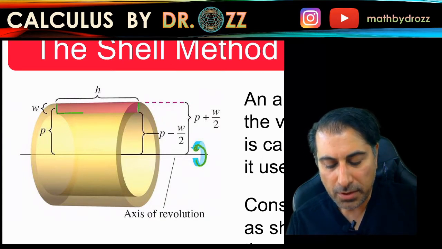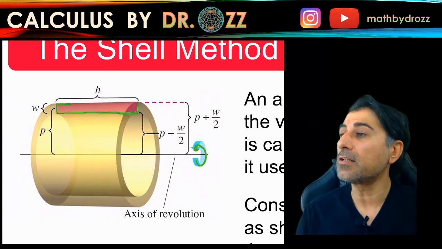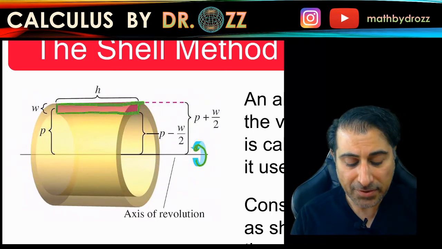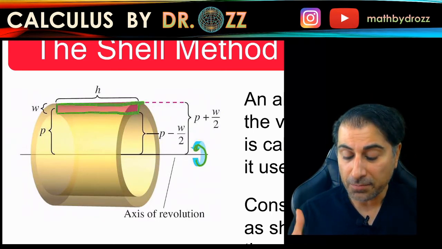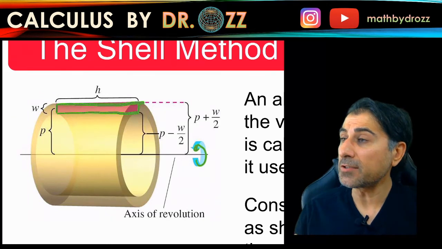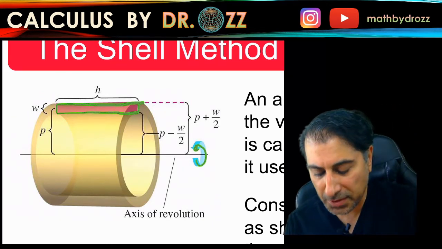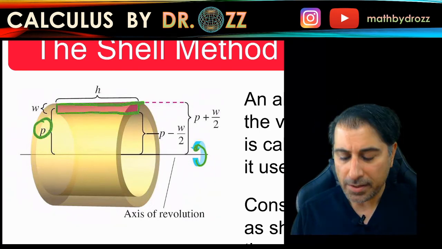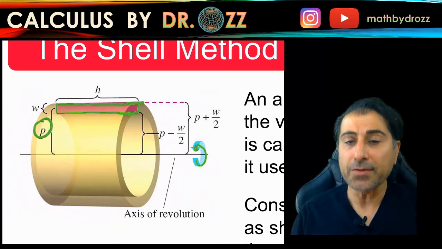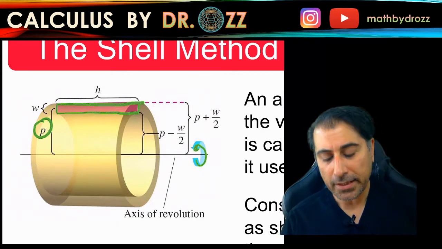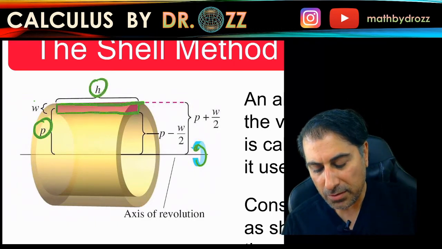And what we do is we check the distance from the rectangle to the axis of revolution. Let's say from the center line of the rectangle to the axis of revolution, the distance is p. Let's say the length of the rectangle is h and the width is w.